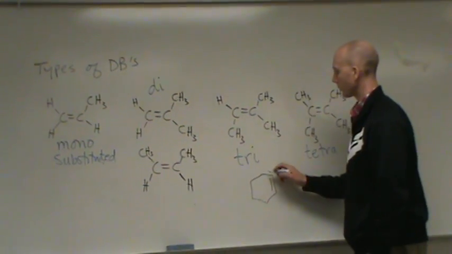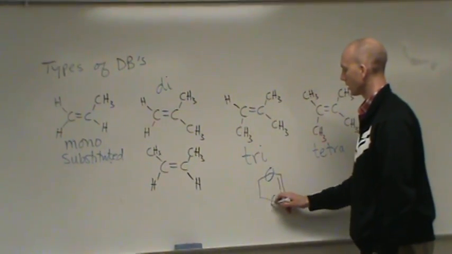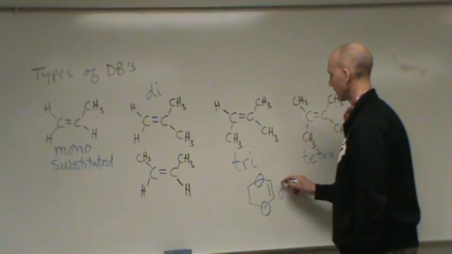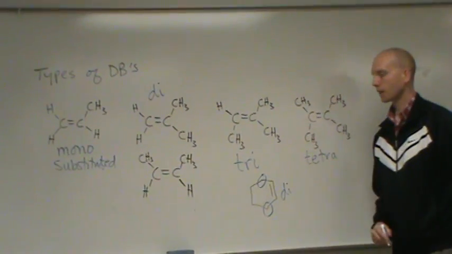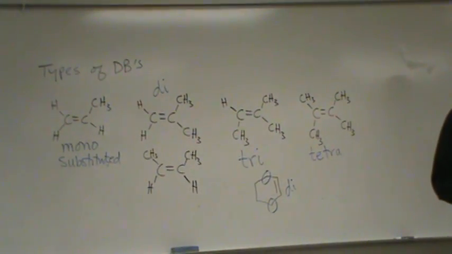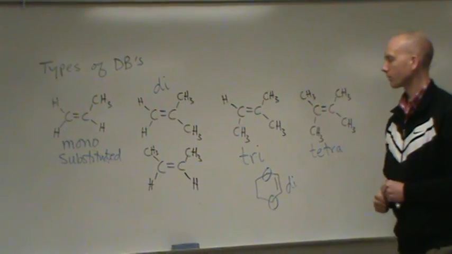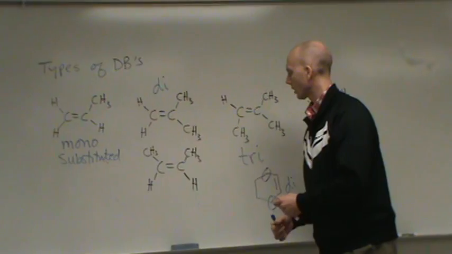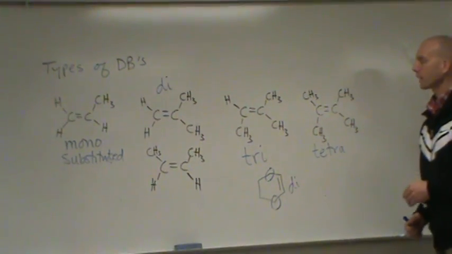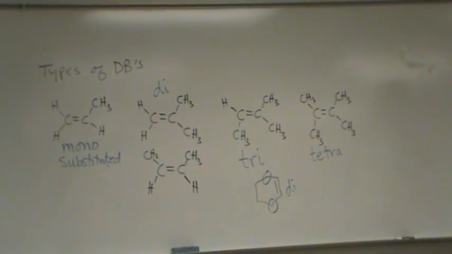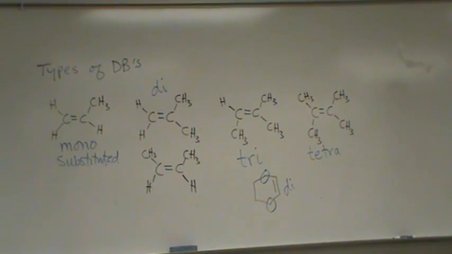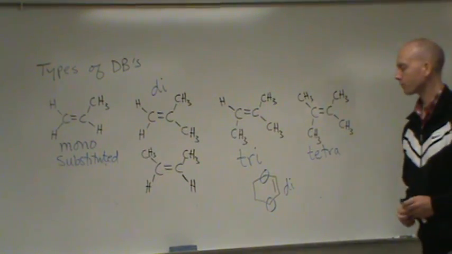Okay, so here's the double bond. I got 1 and 2 carbons on it. So that would be di-substituted. So make sure you can label the types of double bonds. We'll get more practice a little bit later.